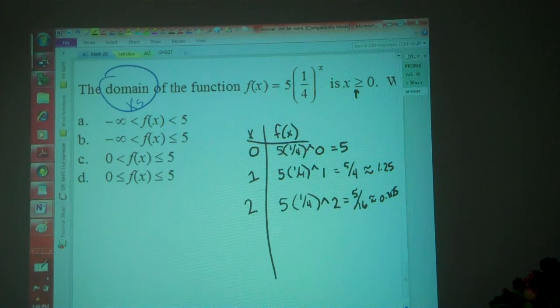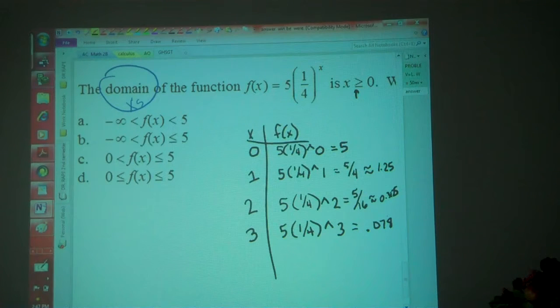So it's very small. If you put 3 in, plug in 5 times 1/4 to the power of 3, and your calculator will give you the decimal. You could enter 0.25 because you know 0.25 is a quarter. Let's do 3. I'm getting about 0.078.